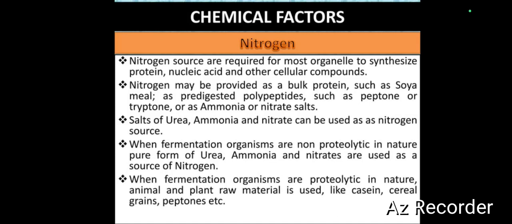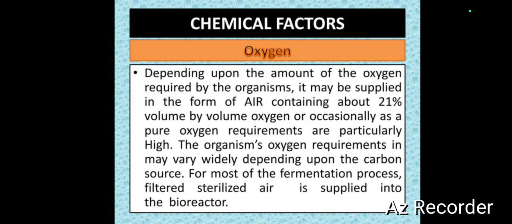When fermentation organisms are not proteolytic in nature, pure forms of urea, ammonia and nitrate are used as nitrogen source. When fermentation organisms are proteolytic in nature, animal and plant raw materials like casein, cereal grains, peptones, etc. are used.